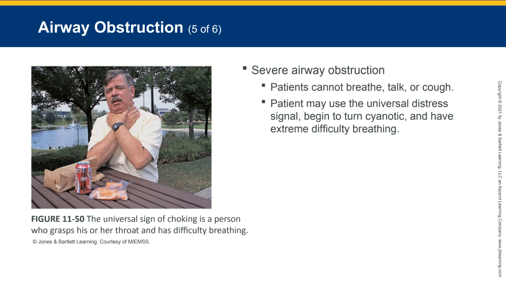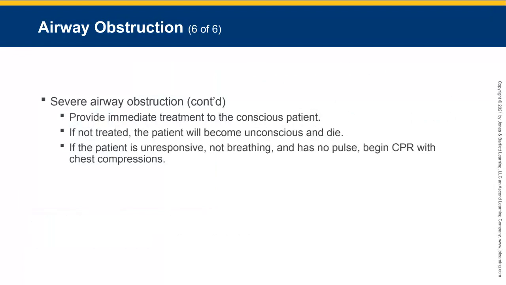For severe obstruction, patients cannot breathe, talk, or cough. The patient may use the universal distress sign, begin to turn cyanotic, and have extreme difficulty breathing. For severe airway obstruction, provide immediate treatment to the conscious patient.